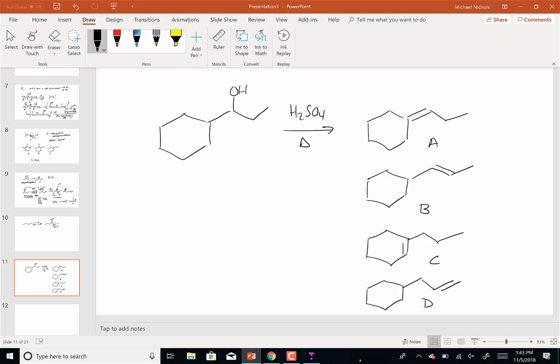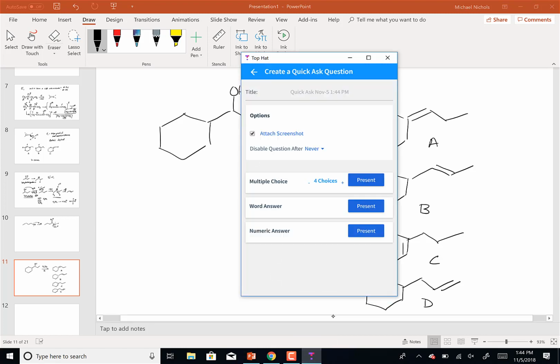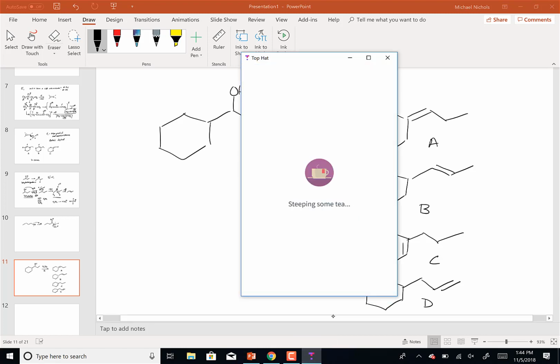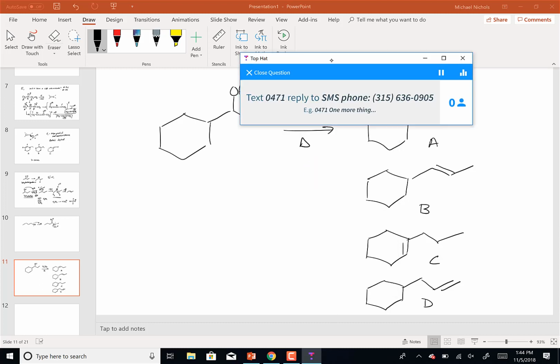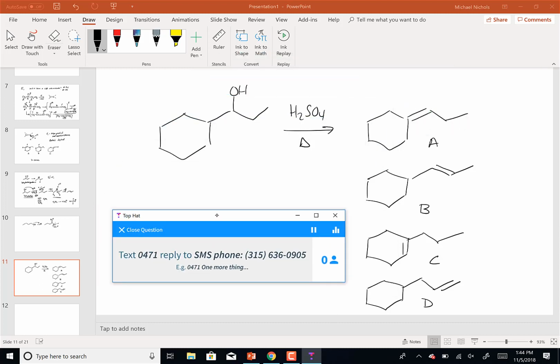And a major product or products, your choices are A through D, again, same rules, capital letter, and if you want a second product, capital letter plus another capital letter.